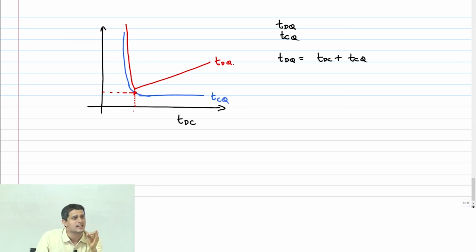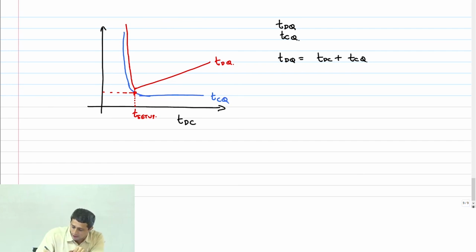That TDC for which TDQ is minimum is defined as the setup time. Setup time is formally defined as the time when the data to Q delay is minimum. That TDC when this delay is minimum.